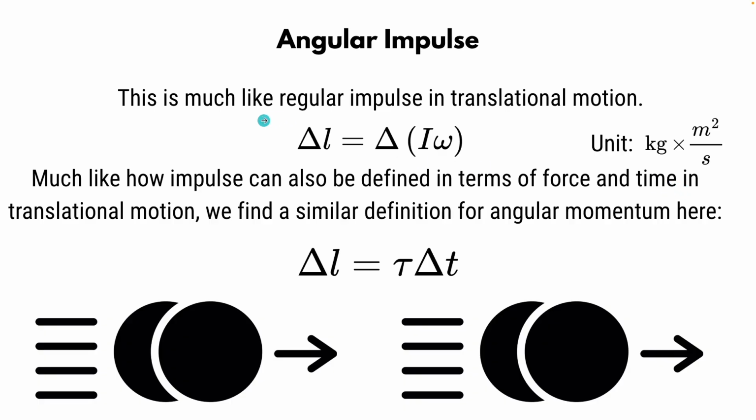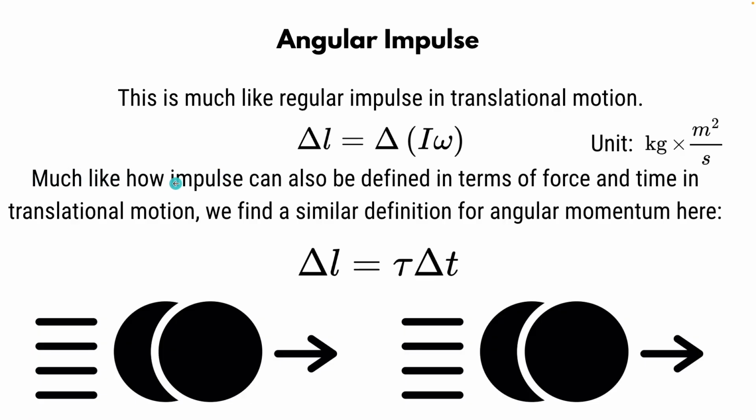Okay, so now we have angular impulse, and this is much like regular impulse in translational motion. The change in angular momentum is going to be equal to delta I omega, and the unit is going to be the same as angular momentum. From here we can see that if we have a change in angular velocity, we will have a change in angular momentum.